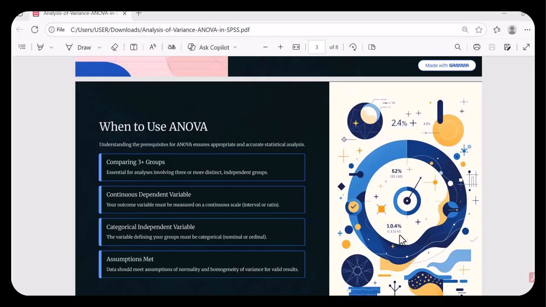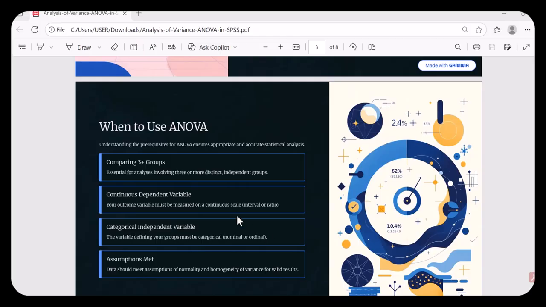For instance, achievement. We have explained in the previous video that continuous variables are those in the interval or ratio scale, while on the other hand, categorical variables are either ordinal or nominal.